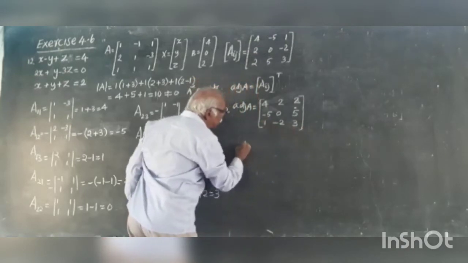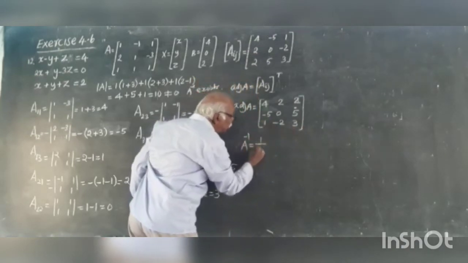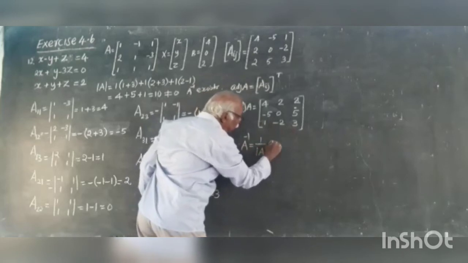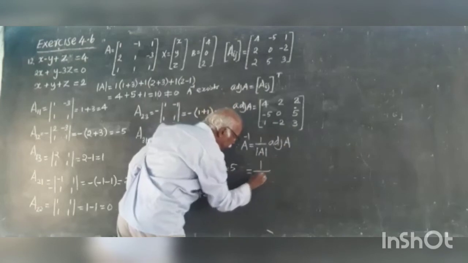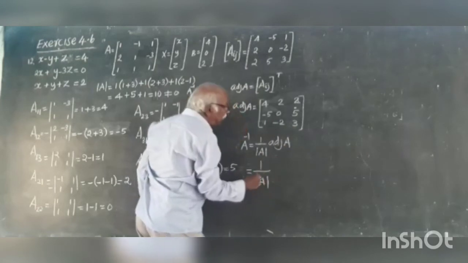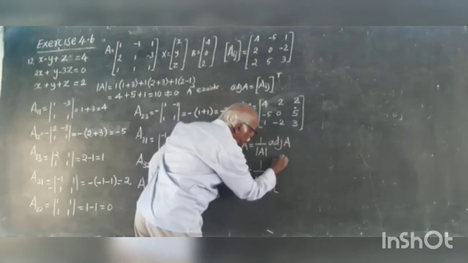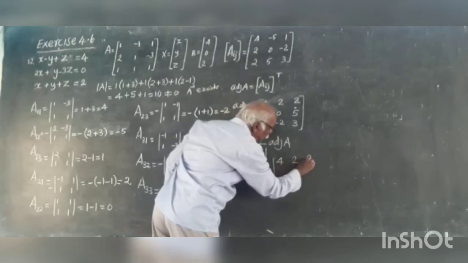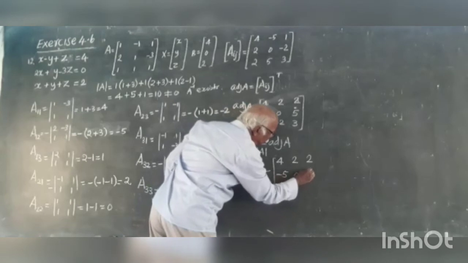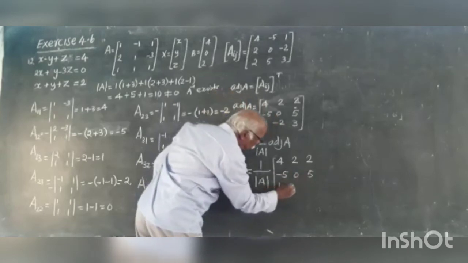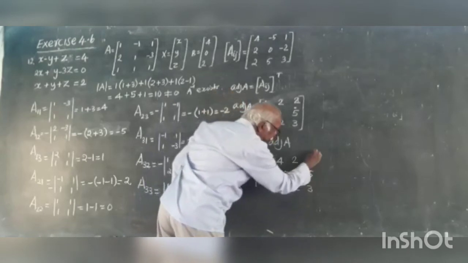Then A inverse is equal to 1 by determinant A into adjoint A, which is 1 by determinant A into 4, 2, 2, minus 5, 0, 5, 1, minus 2, 3.